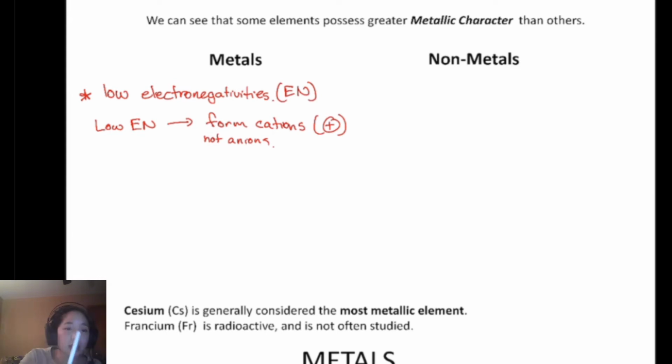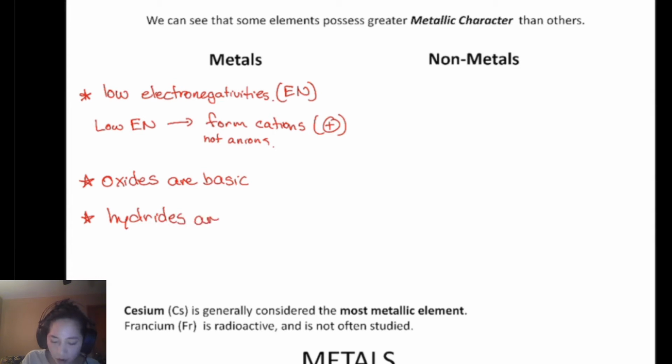Typically, with metals, electrons are removed instead of added. All right. Another element of metallic character is that their oxides are typically basic. And I will describe that in another slide. And their hydrides are ionic in character.